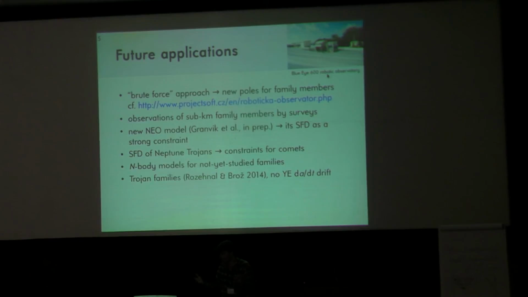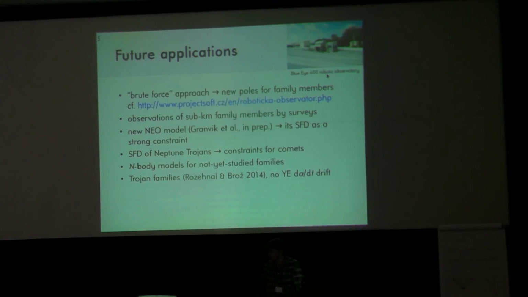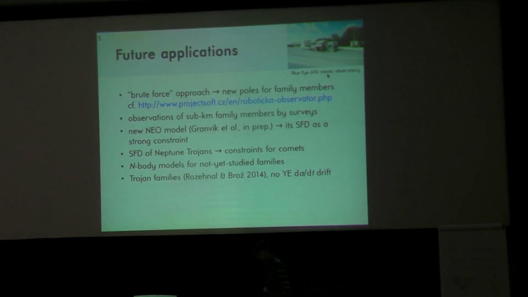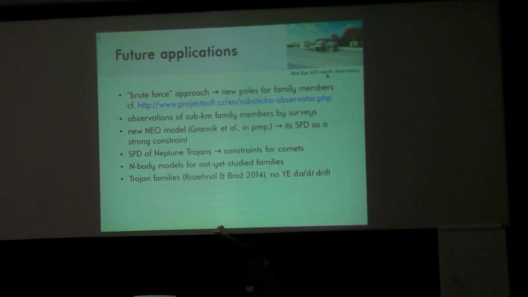I think we shall proceed with this to understand families on a one-on-one basis. And finally, we think that the Trojan families might be quite suitable to study, for example, the original velocity field, because in the zero order resonance, we have no substantial Yarkovsky drift, so the orbits are more or less preserved in the Trojan region.